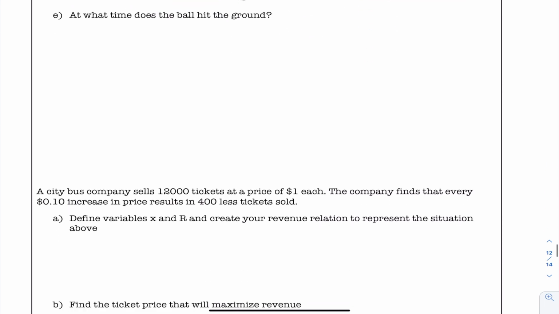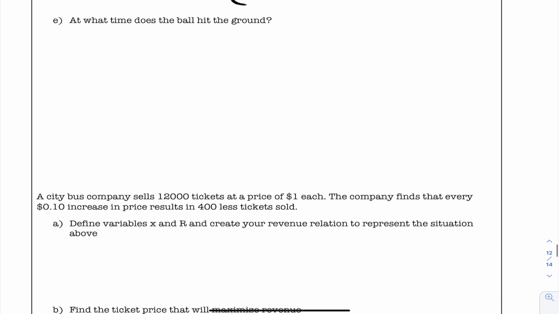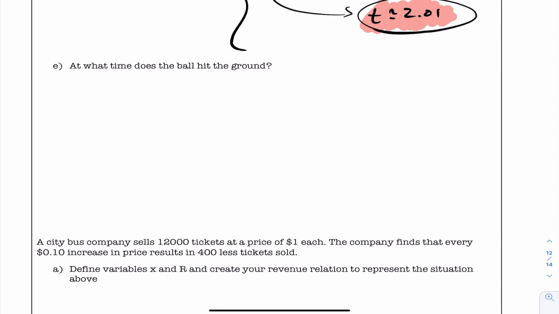In part B, it says, at what time does the ball hit the ground? Well, the ball hits the ground when height is 0. So in this case here, you set your quadratic, in this case negative 5t squared plus 20t plus 0.8, equal to 0. I'm going to go ahead and do the quadratic formula right away.